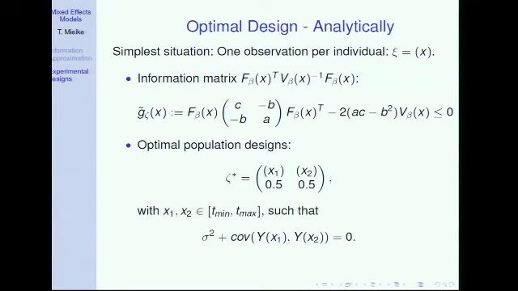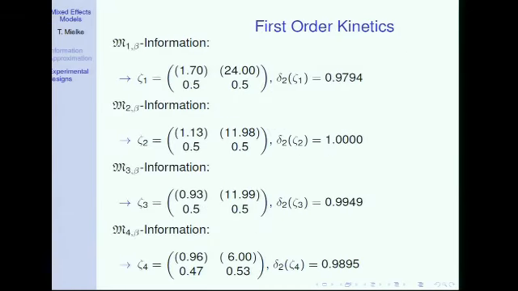So for our example, this leads us to the following designs. Note that the second design and the third design, also for the information matrix in the linear mixed effect models, are not unique, and for the quasi-information, this design is not unique as well. But for the information matrix based on the variance of the expectation, and for the nonlinear heteroscedastic model, these are unique optimal designs.